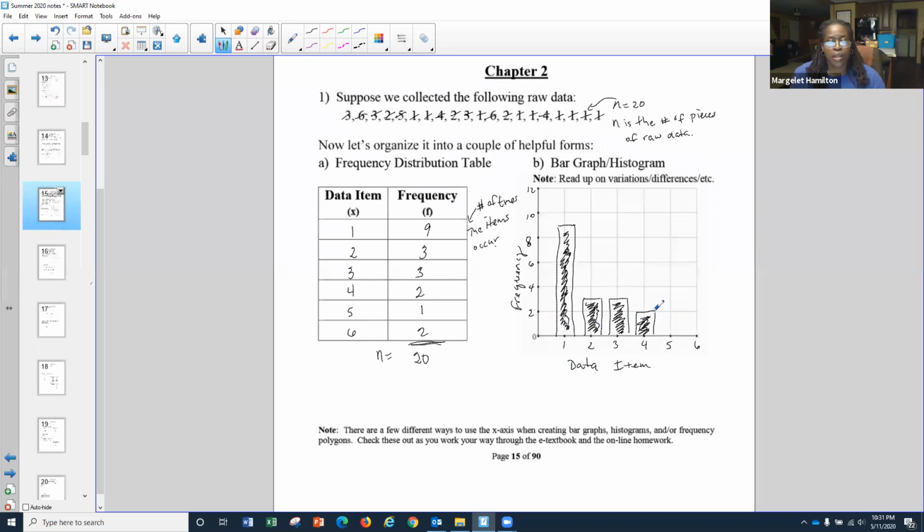Okay. And then 5 goes to 1. So 1's right here in the middle. And 6 goes back up to 2. Okay. So there's our bar graph that represents the data in our frequency table.